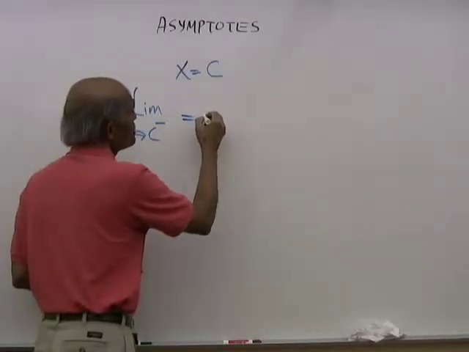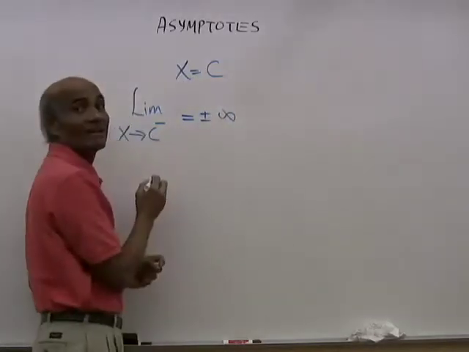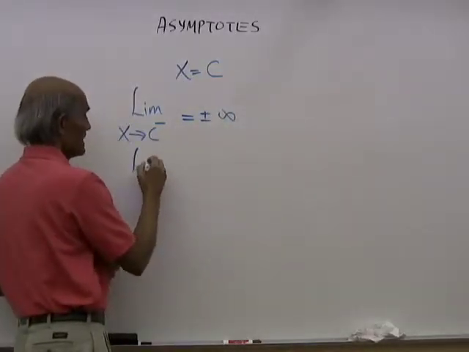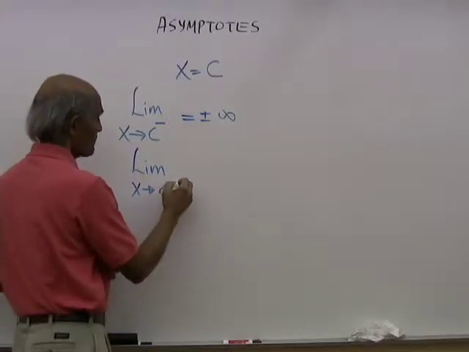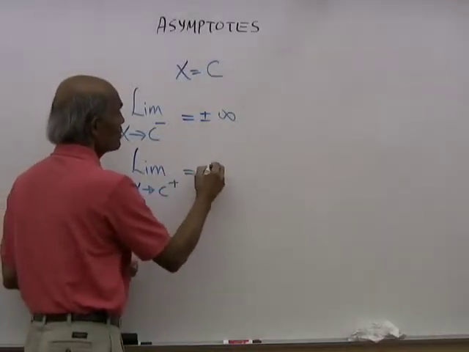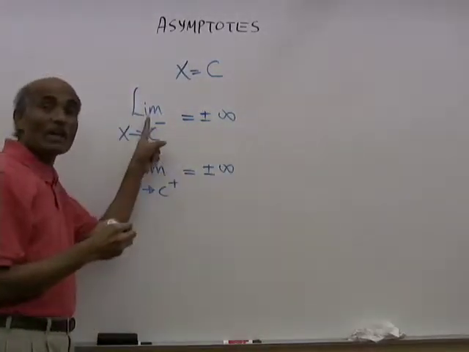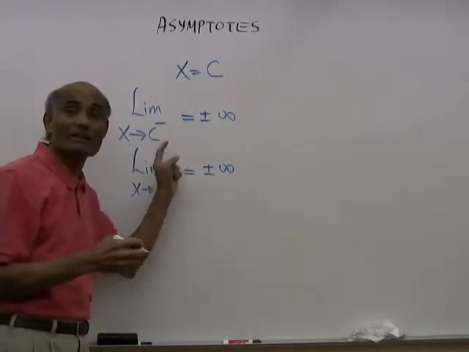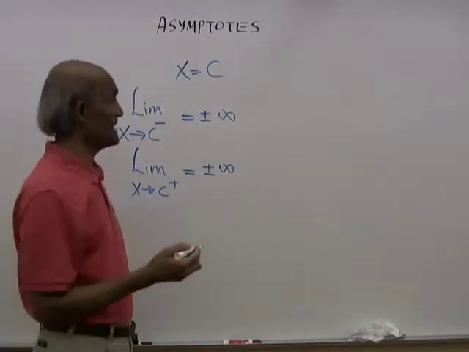Similarly, the limit as x approaches c from the right is also either positive or negative infinity. If these things occur, then x equal to c is a vertical asymptote.